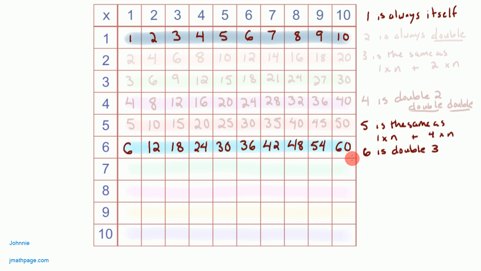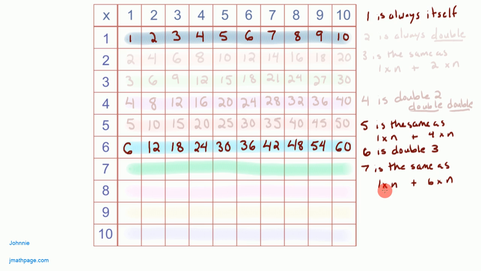Now, 7 we can think of as 1 times a number plus 6 times a number.